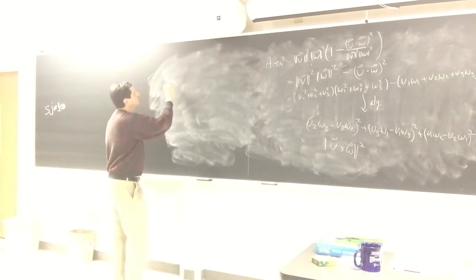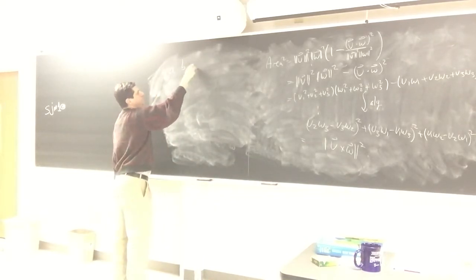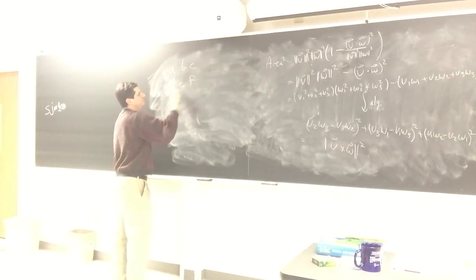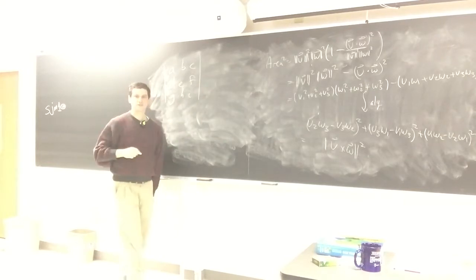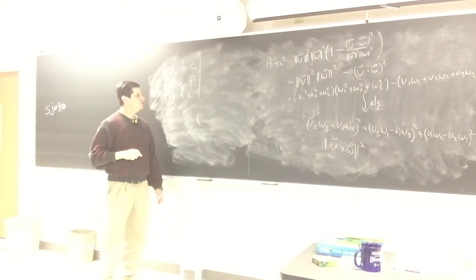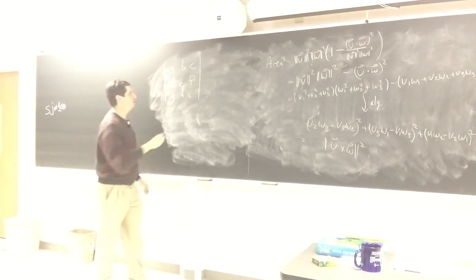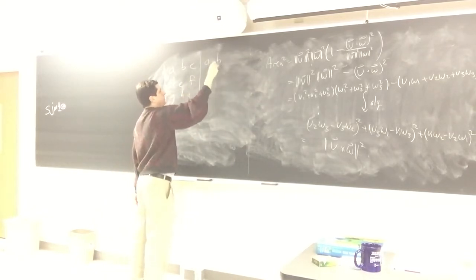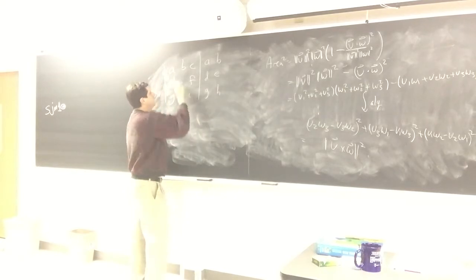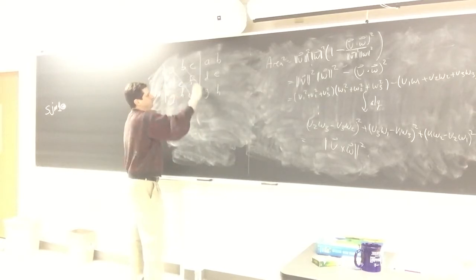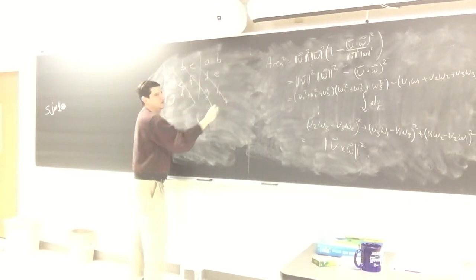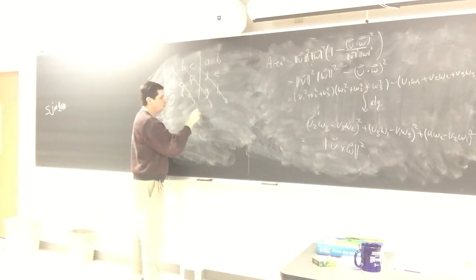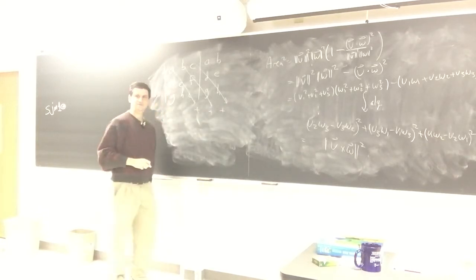What you do is you write down A, B, C, D, E, F, G, H, I. And you want to calculate the determinant of this 3x3 matrix. The way you do this is you write down the first two columns again, A, D, G, B, E, H. And you multiply diagonally. And when you go down, those all come in with a plus sign.